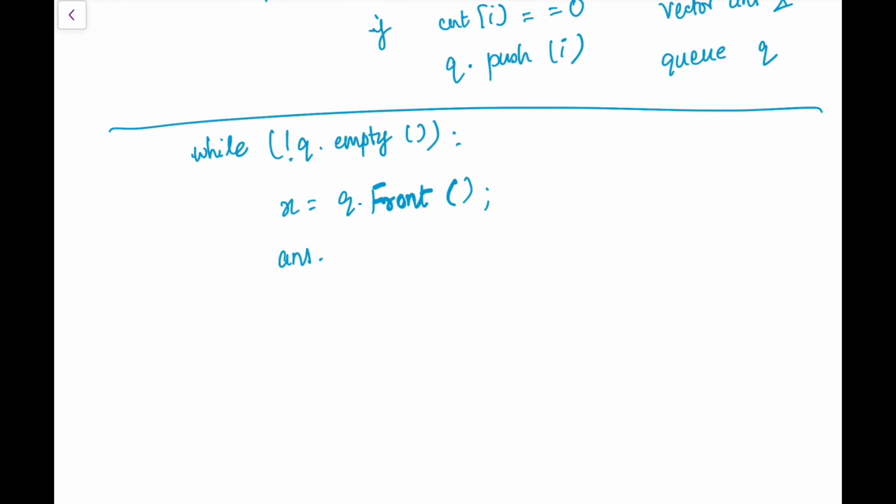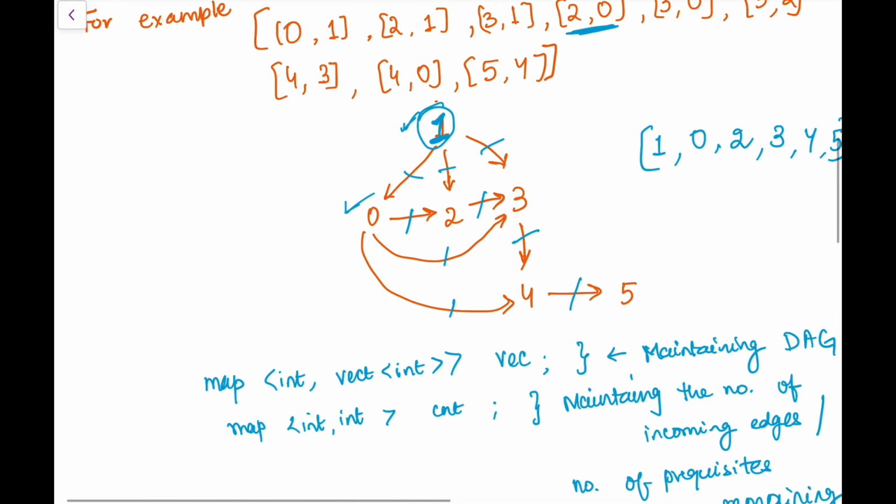I can input it into my answer vector because it doesn't have any prerequisites. Now this prerequisite is already taken, so whatever nodes are following this, for example 0, 2, 3 are following 1, so I can decrement their counter. I can decrement the counter of 0, 2 and 3.